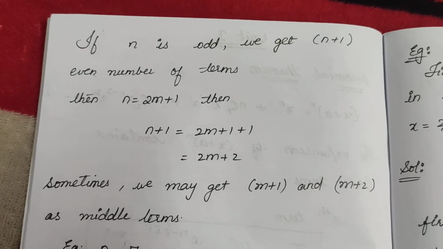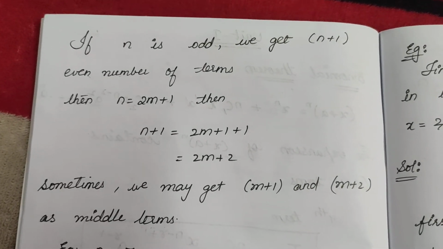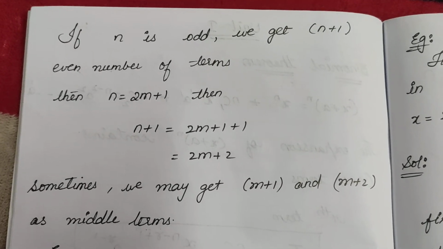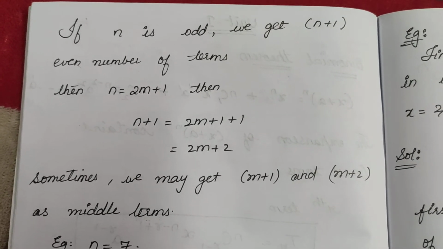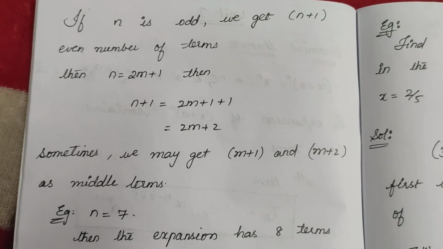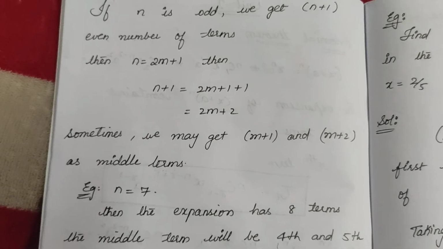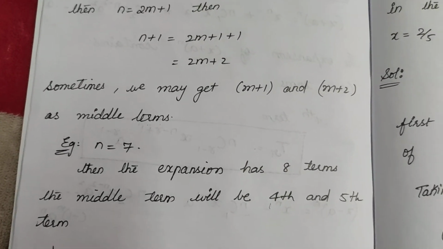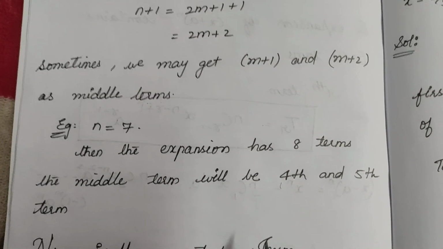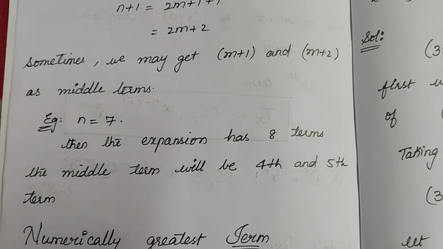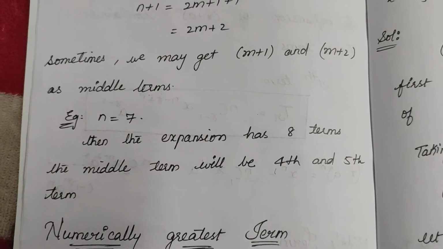If n is odd, we get n plus 1 terms in the expansion. Okay. So then n is equal to 2m plus 1. Then we add plus 1 and plus 1 on both sides. Sometimes we get m plus 1 and m plus 2 as the middle terms. Let's see an example, you will understand. n is equal to 7. Then how many terms does the expansion have? 8 terms. One term will be extra.